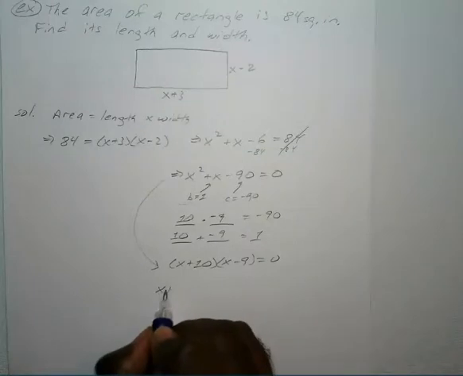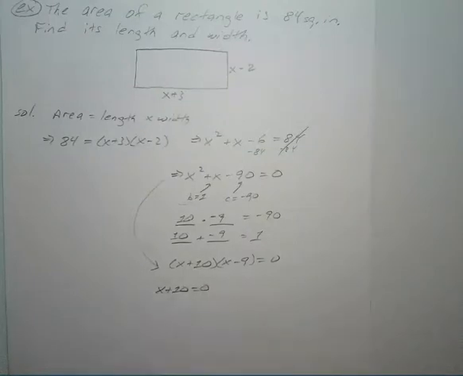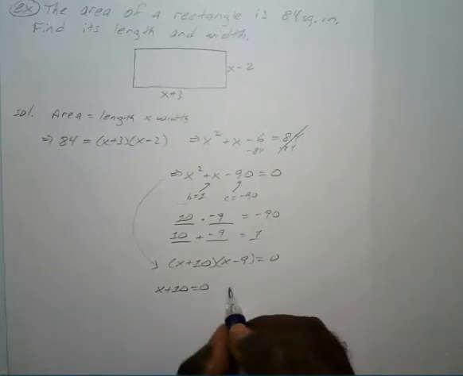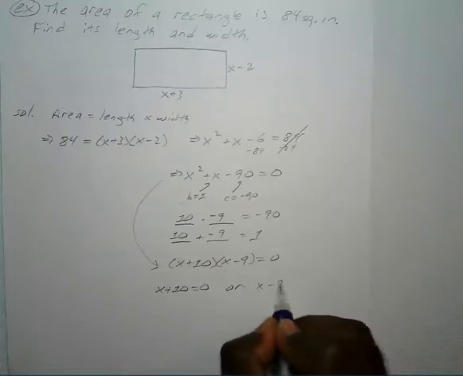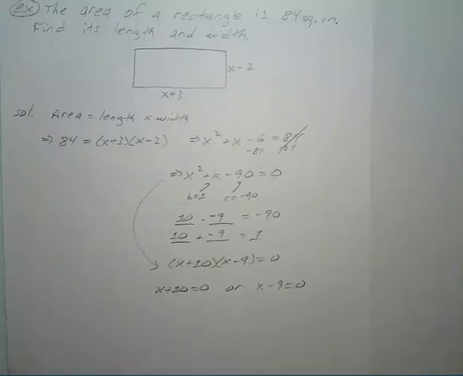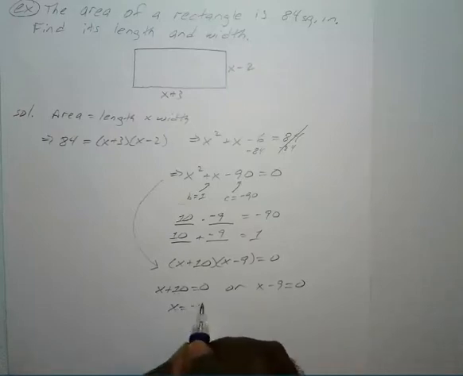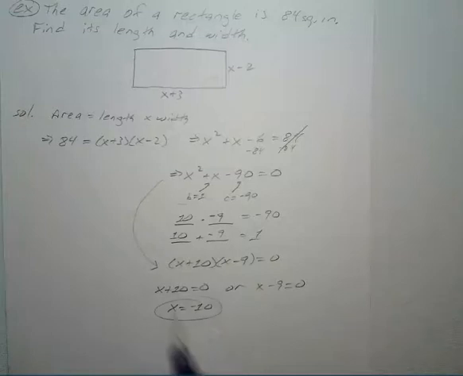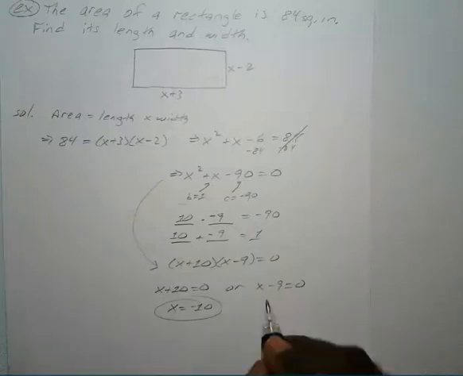So we have x plus 10 equals 0, or x minus 9 equals 0. Okay, so if we subtract 10 from both sides here, we have x equals negative 10. And if we add 9 to both sides here, we have x equals positive 9.